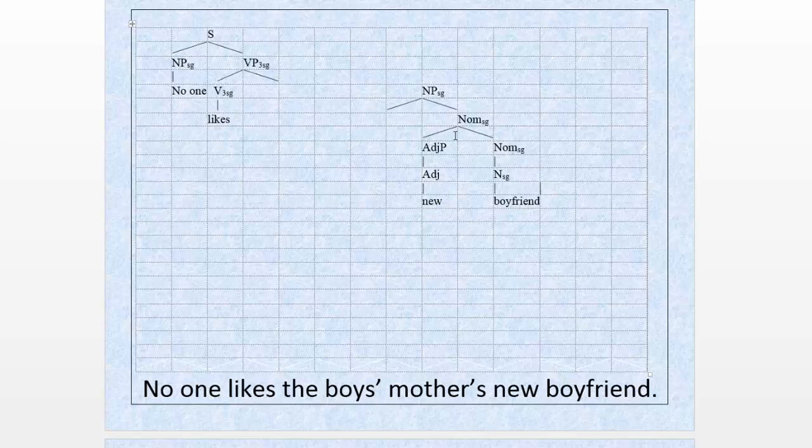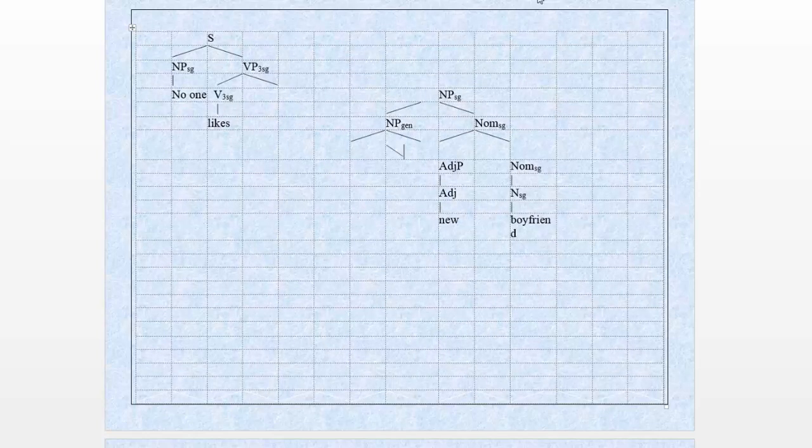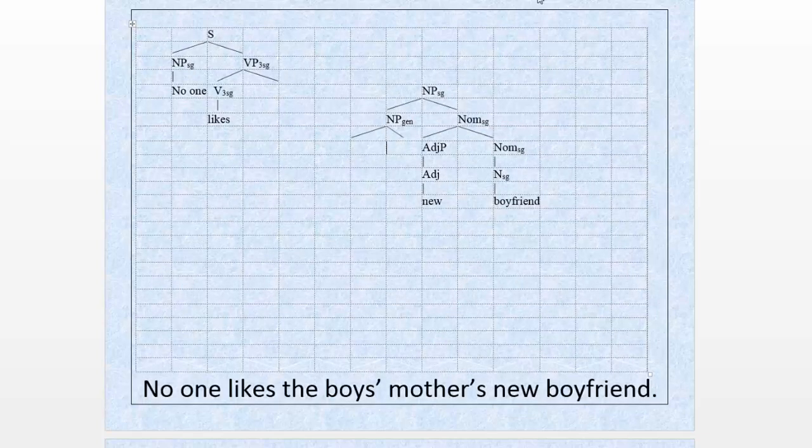Okay, so now we can put in what's functioning as its determiner. That's going to be the boy's mother. All right, it's a genitive. Okay, so let's put that in. We'll have this structure. All right, so apostrophe S there, and that's combining with the NP, the boy's mother.